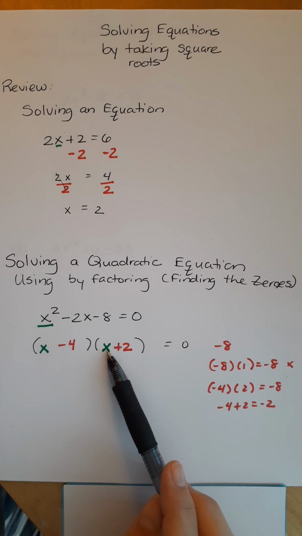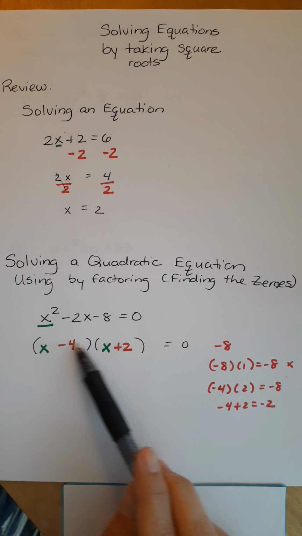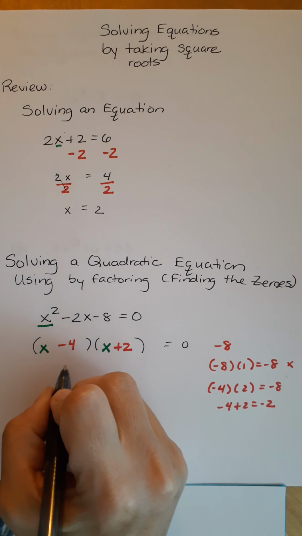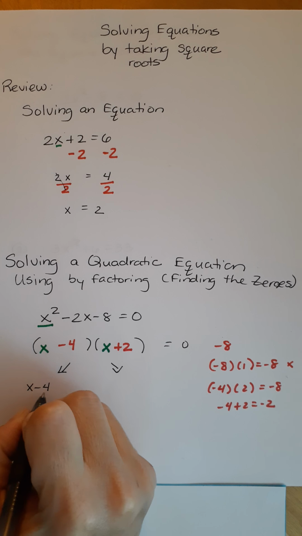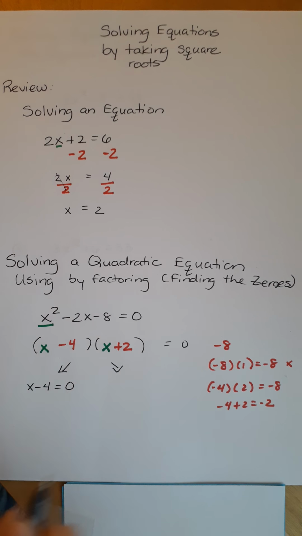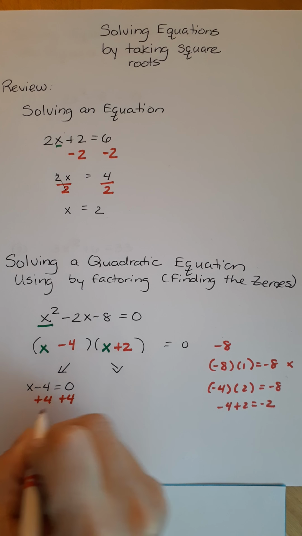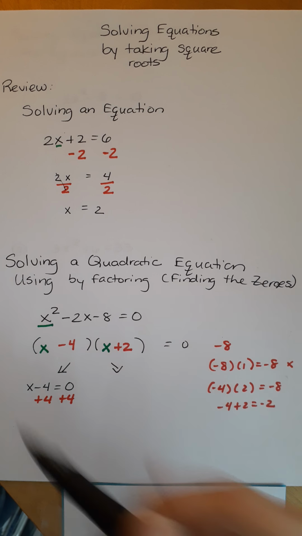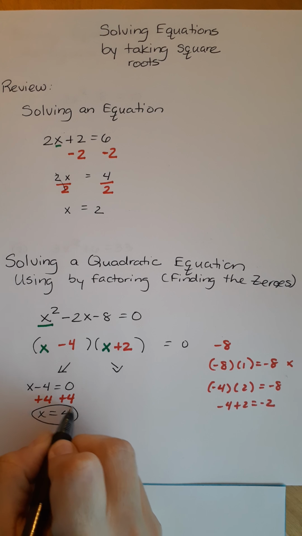Whatever number I can change this to make this parenthesis 0 will make this whole thing 0. So we separate them. We say x minus 4 equals 0. What number do I need to make this equal to 0? I add 4 to both sides, and I get x equals 4. That is one of my solutions.